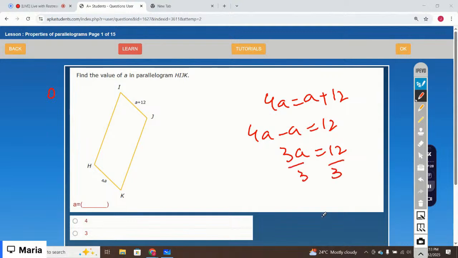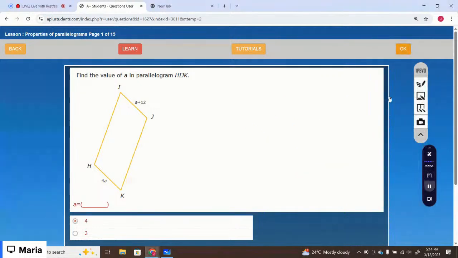Divide both sides by 3. That is A equals 4. The correct option is A equals 4. Option number 1 is the correct option.